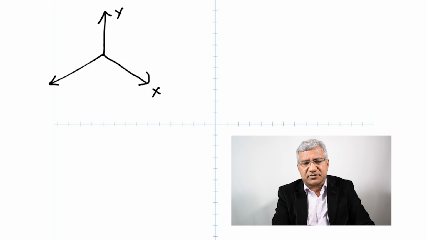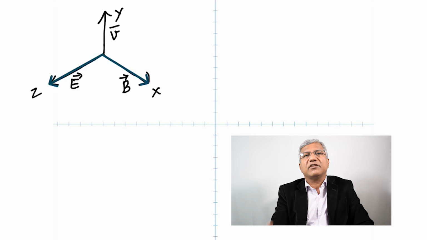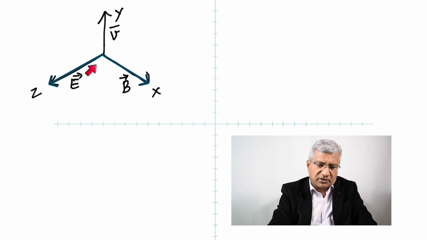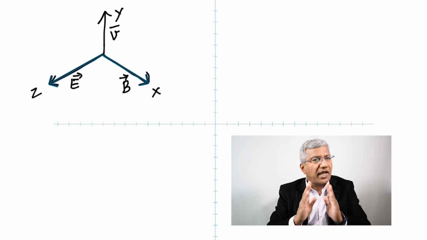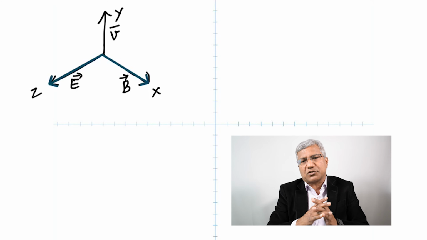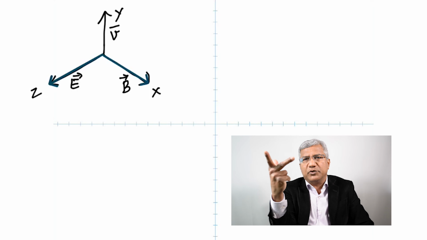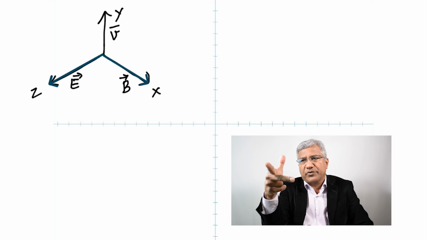You have X, Y, and Z axis. If the electric field is along the Z, the magnetic field is along the X, then actually the wave is traveling along the y-axis. All three are mutually perpendicular, okay?